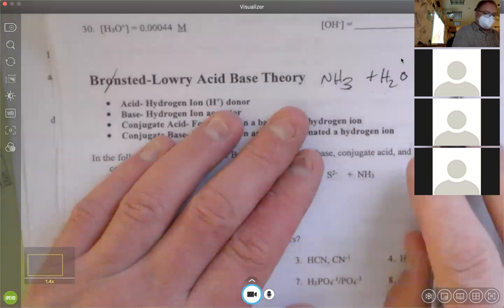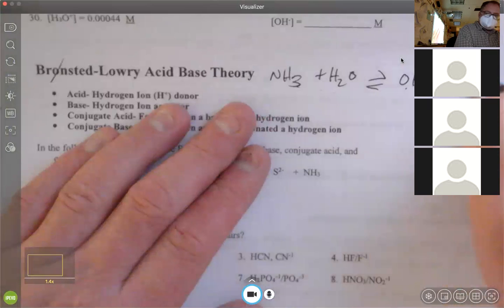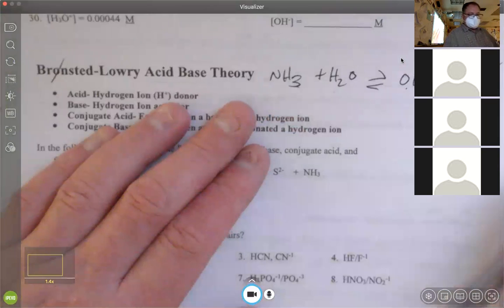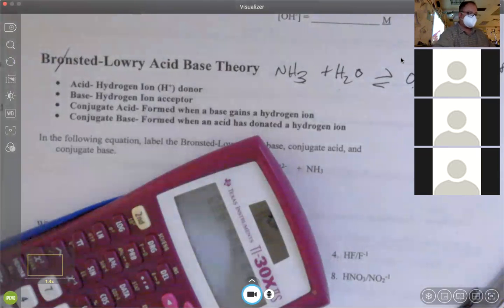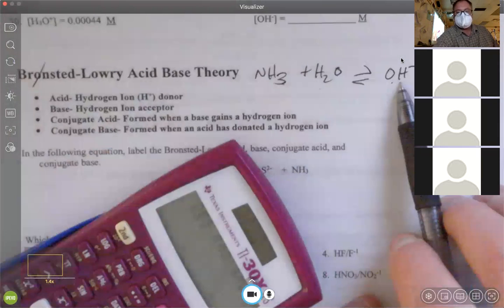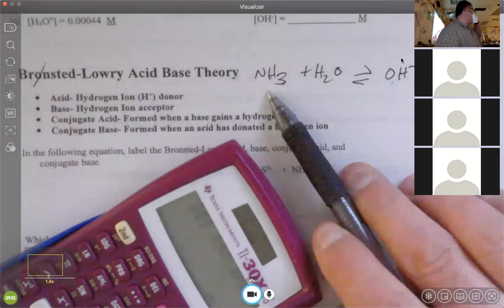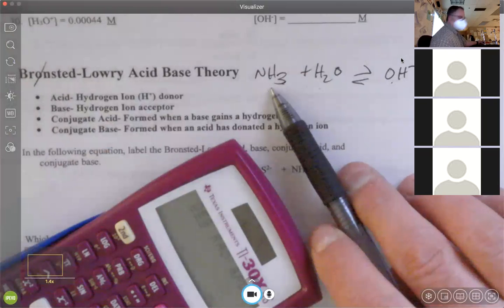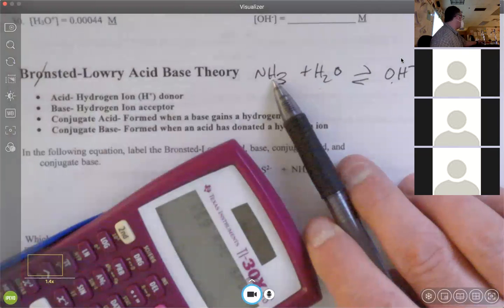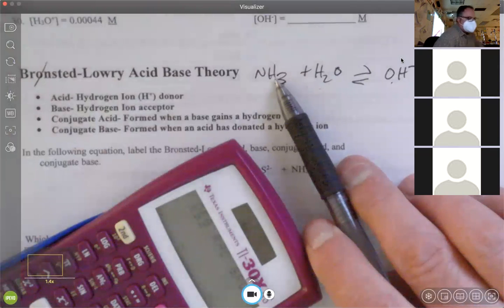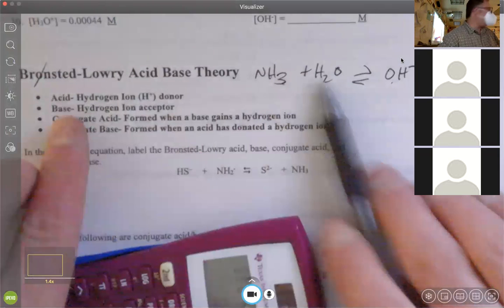And that forms an OH negative and the ammonium ion. So does it increase the hydroxide ion concentration? Yes. But does it have an OH on it, like the Arrhenius idea? No. So is this a base? Yes. Bronsted and Lowry came up with the same idea separately.